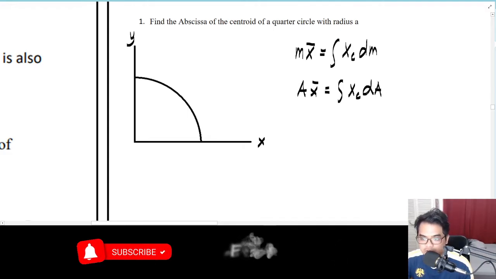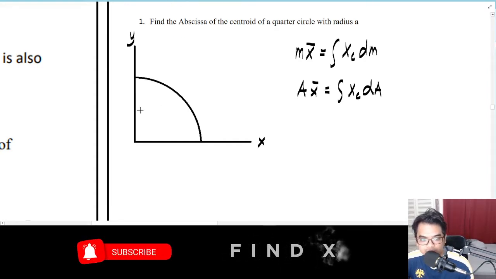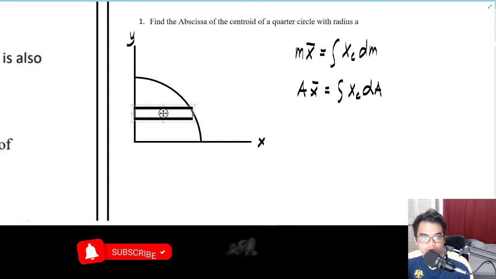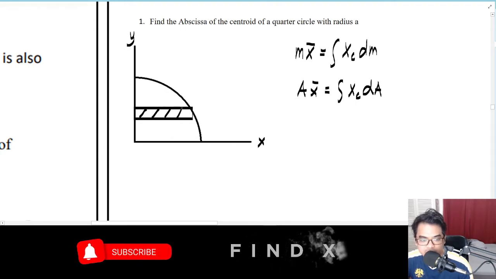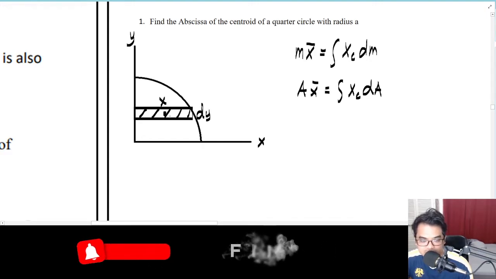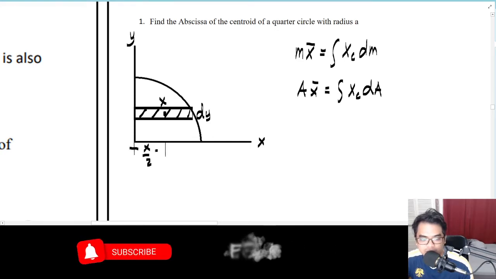To get dA, just use the area method. We can have here a rectangular strip. Of course, this will be your x and this is your dy, since that is a rectangle. If I say that this is the centroid, then from here to here will just be x over 2, and that will be your xc.